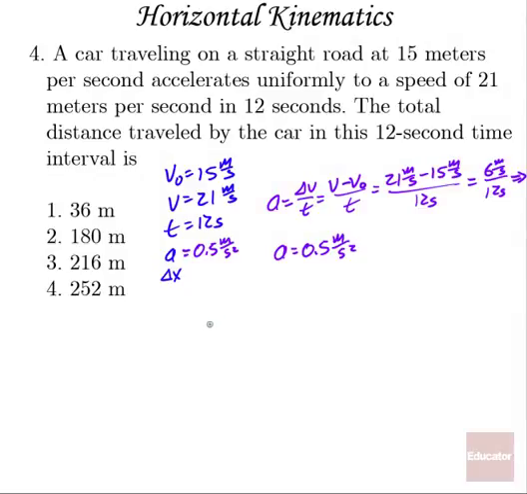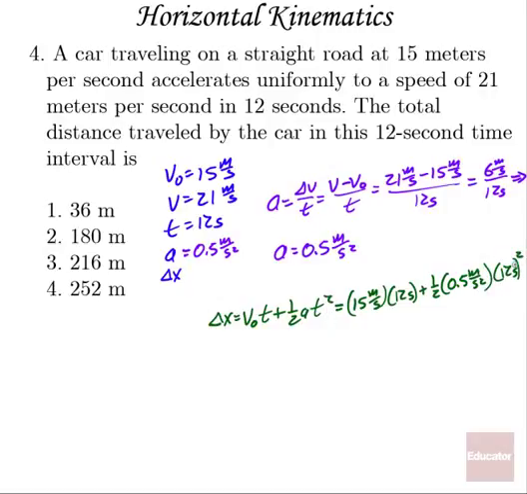I'm going to go with delta x equals v initial t plus 1/2 a t squared, which is going to be 15 meters per second, our initial velocity, times our time of 12 seconds, plus 1/2 times our acceleration, 0.5 meters per second squared, times our time, 12 seconds, squared.